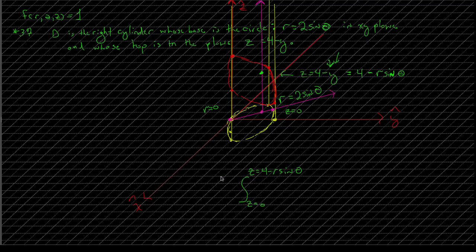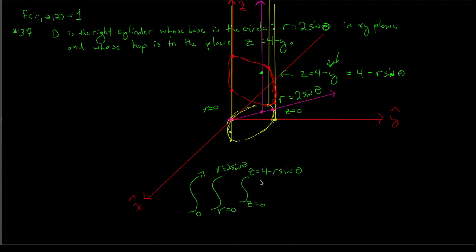So my next limits of integration are r equals 0 and r equals 2 sine theta. And then I have to think about what angle I'm rotating through, and this entire figure takes 0 to pi to rotate. And so now, since I'm doing a volume element, my function is 1 times r dz dr d theta. So I have my integral set up, and we can work on solving this integral.